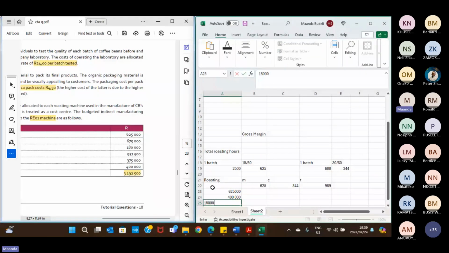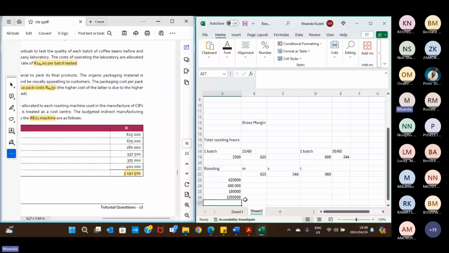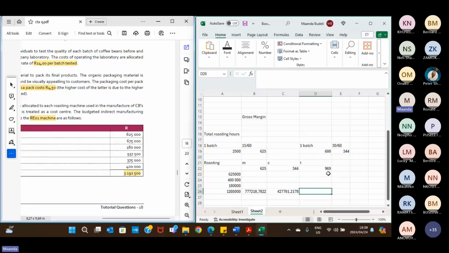So now I can get my total here. I can just allocate this total using these hours. So if I say this multiplied by, for M, over the total number, I get this. And then if I come here, I say this again, multiply by the 344 over the total, I get this, right? So the total here should give me this here. So this becomes what I allocate for those things that are there.